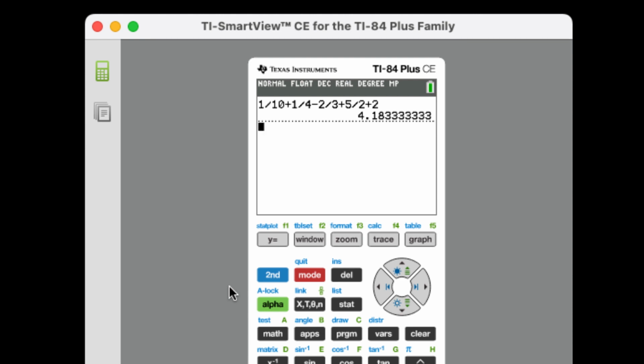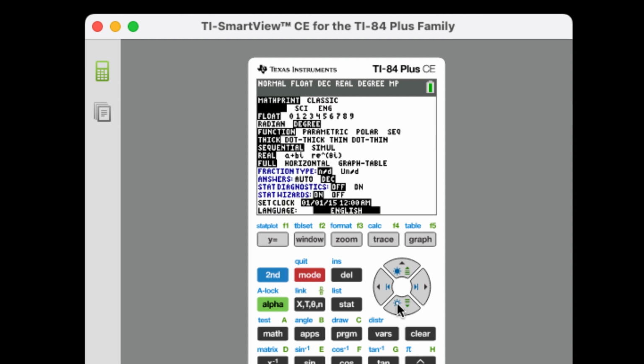Fraction to approx mode. Fraction, approximate, impossible. Fraction to approx mode. Yeah, let me see. I can't even see here. So we're going to go back again. Mode. And go back to auto. There should be a fraction to approx mode.